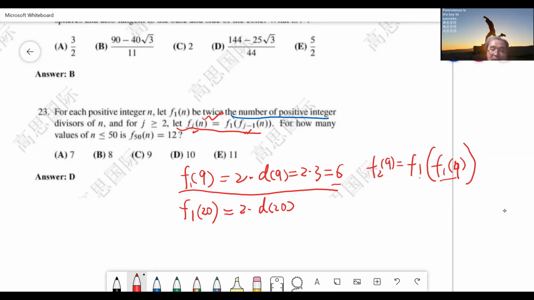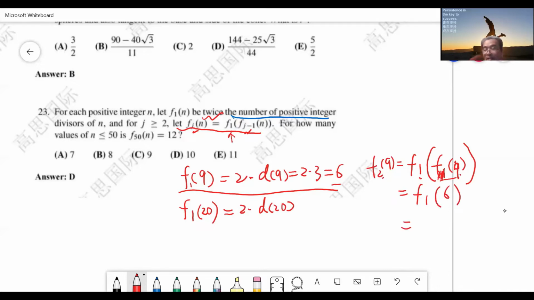So that is f1 corresponding to this one, then f(j minus 1). j is 2 here, 2 minus 1 is 1. So that is f1 of f1 of 9. We already know f1 of 9 is 6, so we put a 6 here: f1 of 6.